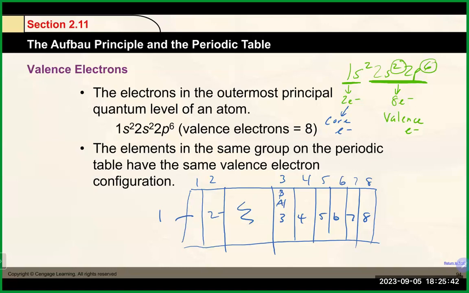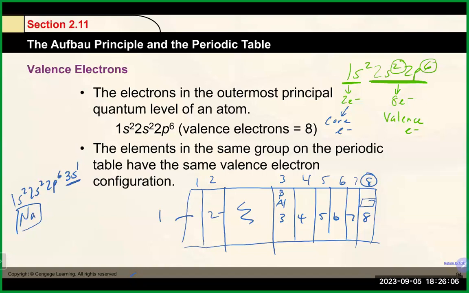So for example, here we have 10, and 10 is neon, which is over here in group number 8, which means it has 8 valence electrons. We did 1s2, 2s2, 2p6, 3s1. That was our sodium, right? Sodium has how many valence electrons?